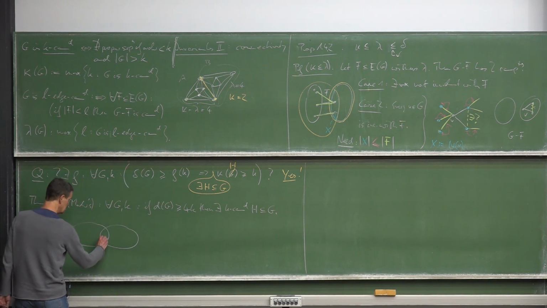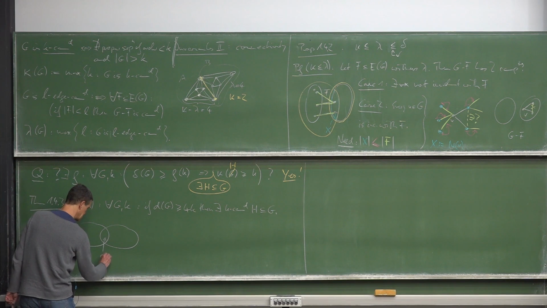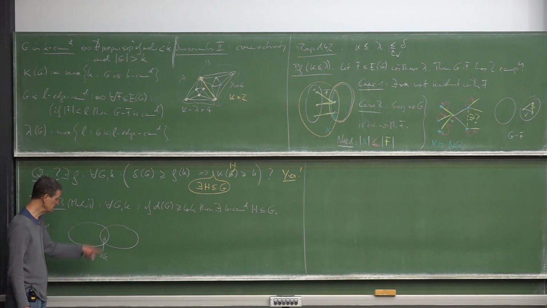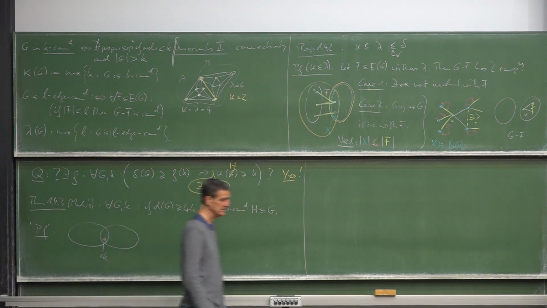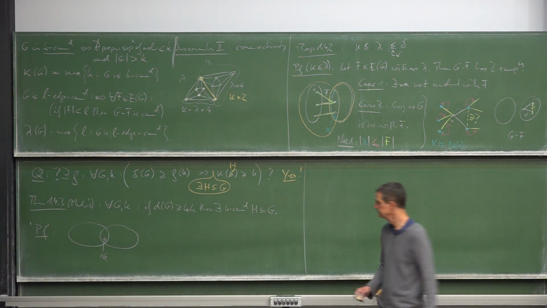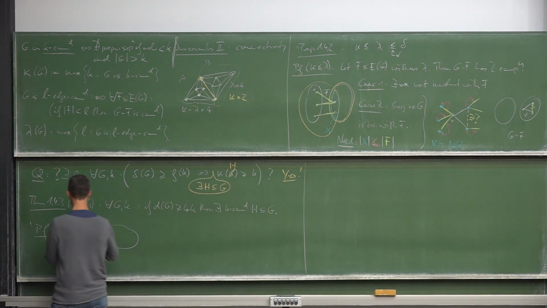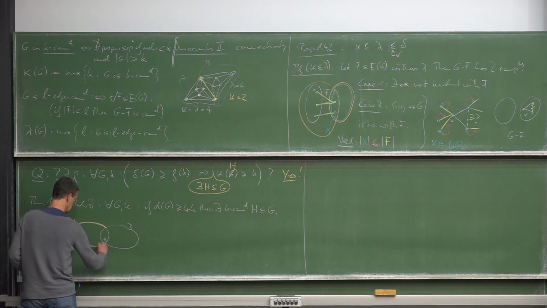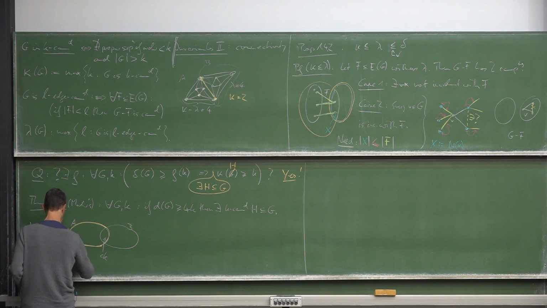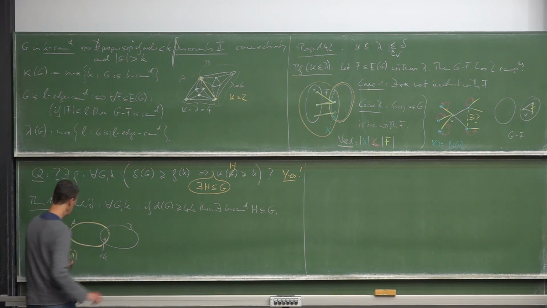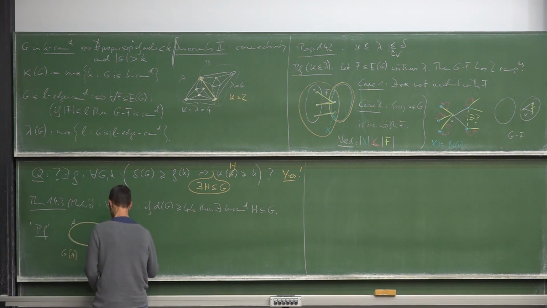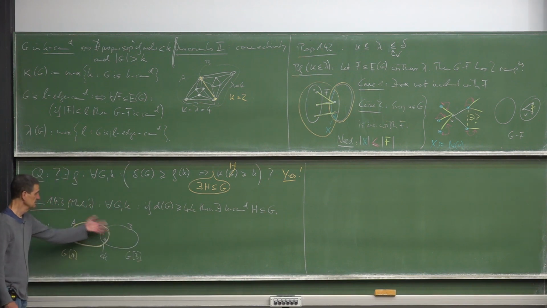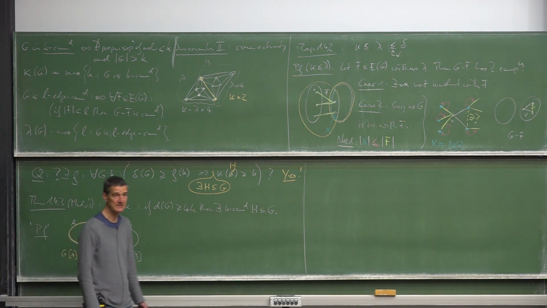If not, it has a proper separation of order less than k. So let's look at the two sides, and let's look at what A induces in G and what B induces in G. Well, if one of them is k-connected, we're happy.